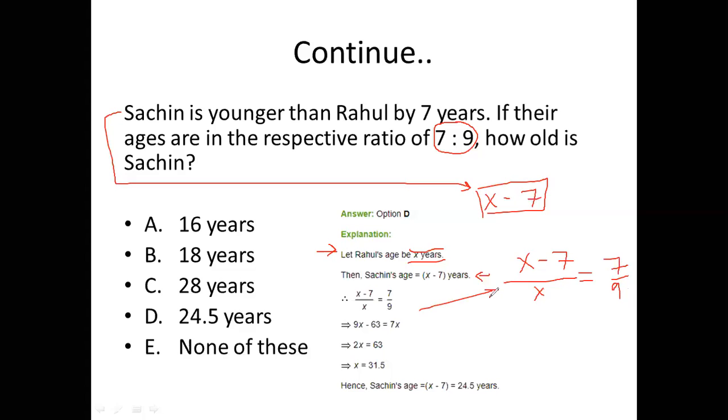If we solve this problem, what we will get if we take it on the other side and multiply it like this, so we have 9x minus 63 is equal to 7x.